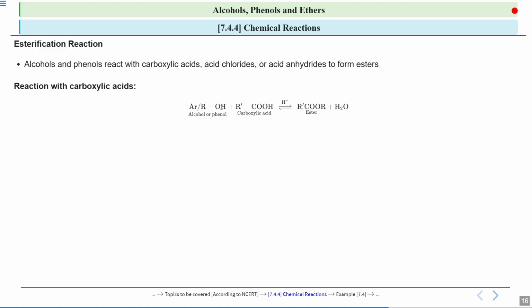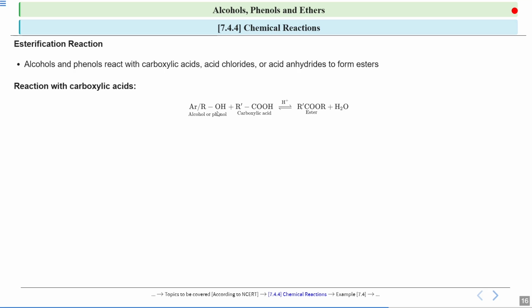That means water will leave. So see here H2O is leaving, and to this R' CO, this OR group is getting attached, O from here and R group from here. So see, an ester is forming, that is R'COOR.